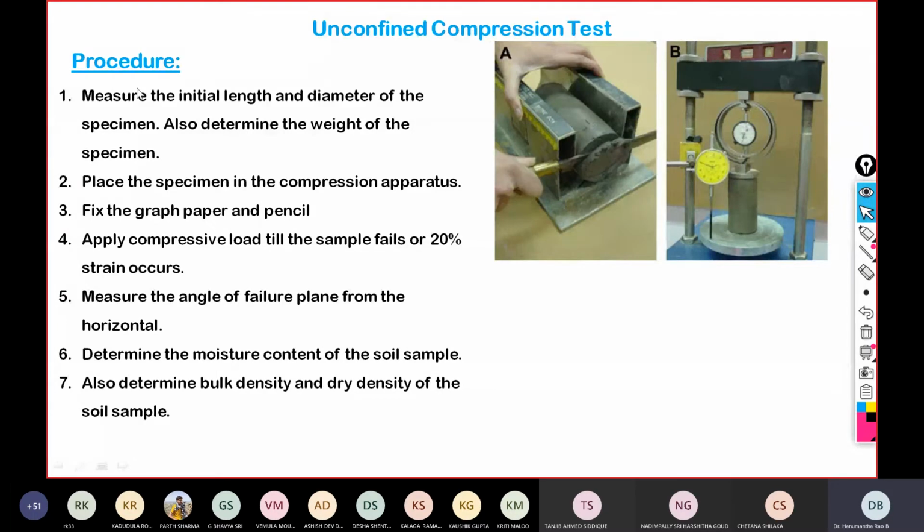Since this is prepared for a particular geometry, one can measure the initial length and diameter of the specimen. Also determine the weight of the specimen. Now we know how much soil has been taken in dry form, and how much water has been added.